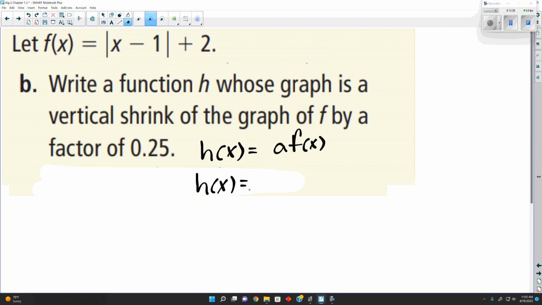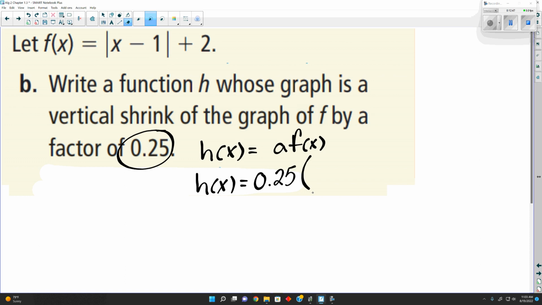So, a is going to be what? Well, what number did they give us? So a is going to be 0.25. So we put that in place of a.